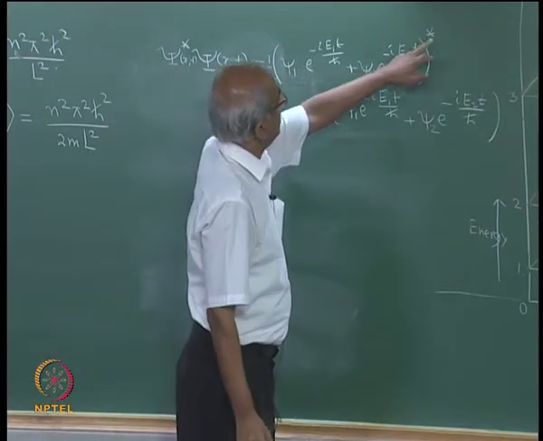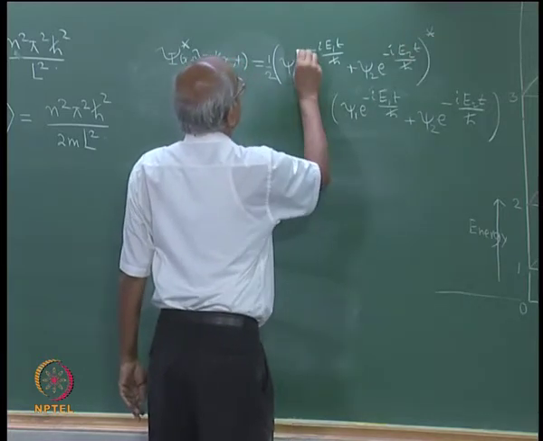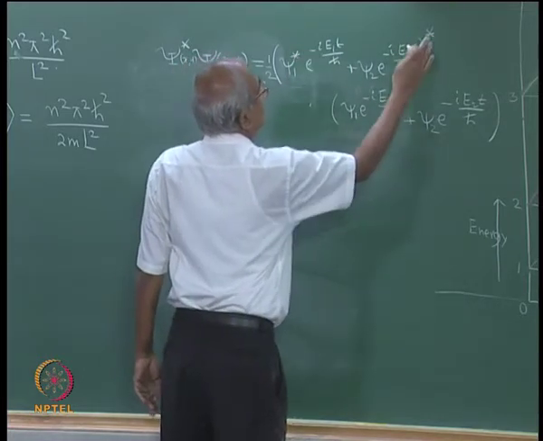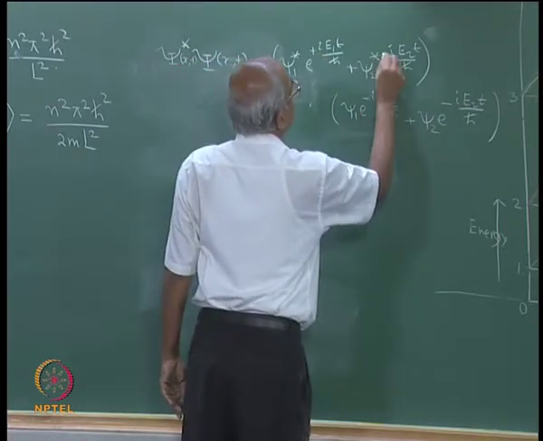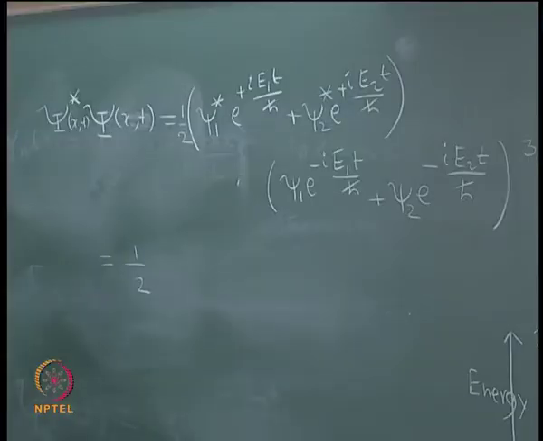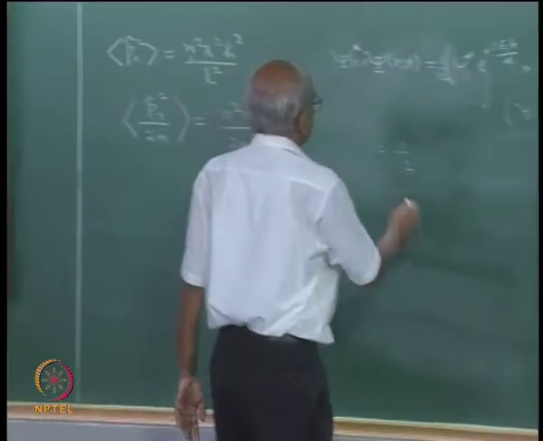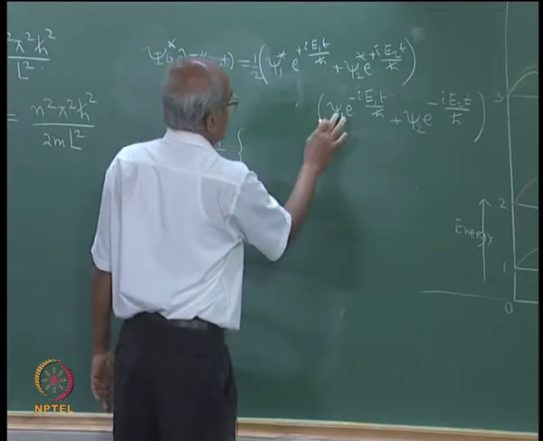Well, you see, this star has the following effect, you are going to get a star here. If you took the star inside, you are going to get a star here. I can remove that, put a plus sign here, put a star here and put a plus sign there, that is all. And imagine what will happen if you multiplied the two things. The answer is going to be the first term this into that. What is that?